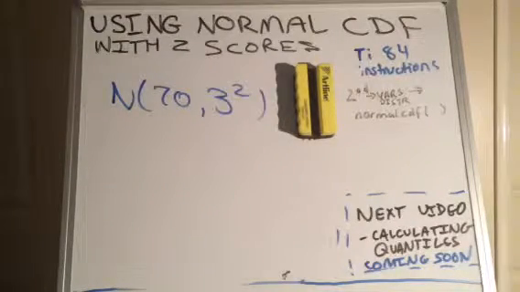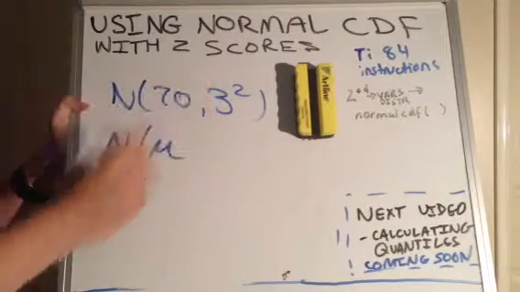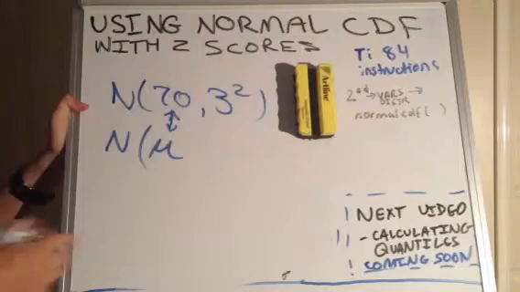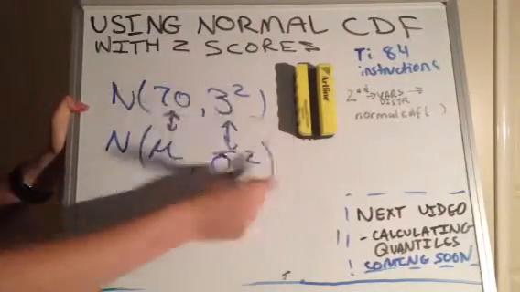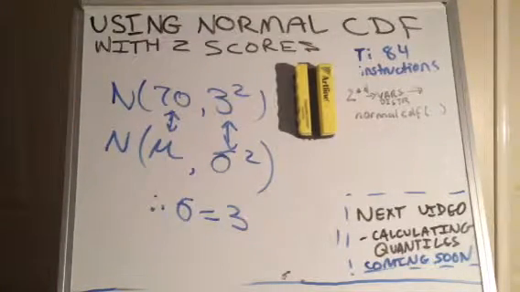This is a general form for representing a distribution, by the way, and what this actually means is it's a normal distribution, and that's the mean, so the mean is of course going to be 70, and this here is the standard deviation squared. So from that we know that the standard deviation equals 3. And again, that's just another way of representing a normal distribution.